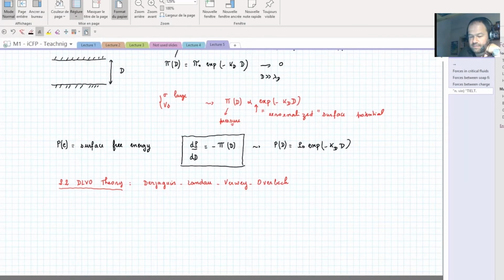The idea is simply that, when you have two surfaces, usually you will have to say that the surface free energy will be the sum of an electrostatic term plus a van der Waals term.